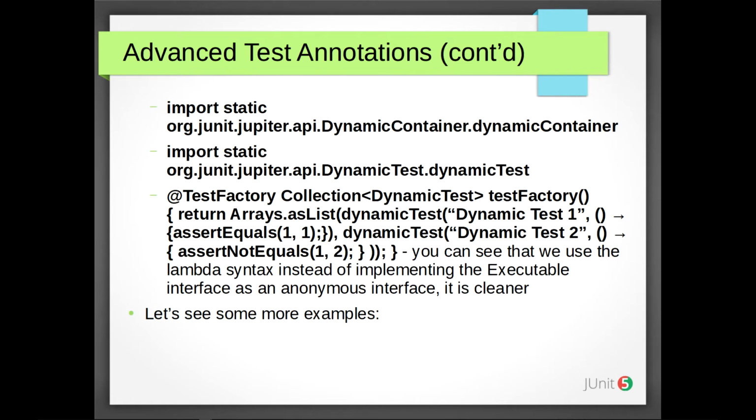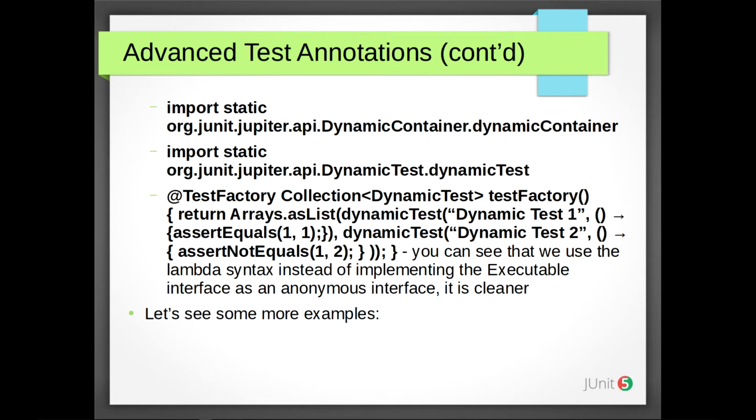Basically, what this snippet of code does, it returns exactly two dynamic tests out of the test factory method, and then the JUnit runtime takes them and runs them in turn. So here you can see that we use the lambda syntax instead of implementing the Executable interface as an anonymous class, because lambda syntax, excuse me, is cleaner.